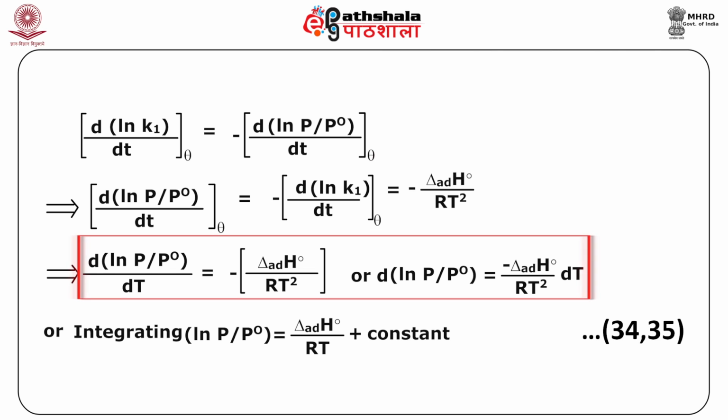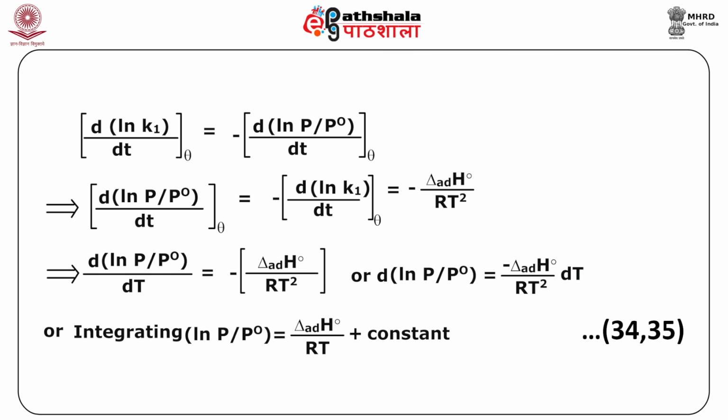We can write this as d/dT of ln P/P° equals minus ΔH° of adsorption by RT², or d of ln P/P° is equal to minus ΔH° adsorption by RT² times dT. Integrating, we get ln P/P° equals ΔH° of adsorption by RT plus constant, as equations 34 and 35.